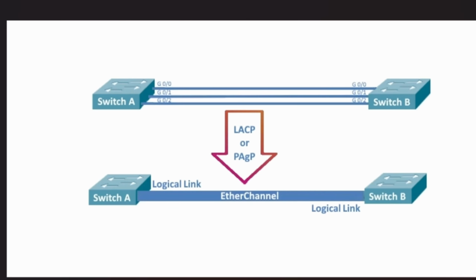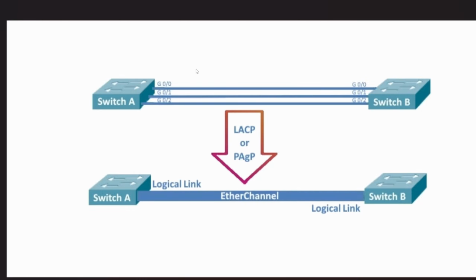So it says that the EtherChannel allows up to 8 redundant links to be bundled in one logical link. This is a logical link. So here you have, for example, 3 interfaces: gigabit 0/0, gigabit 0/1, gigabit 0/2.